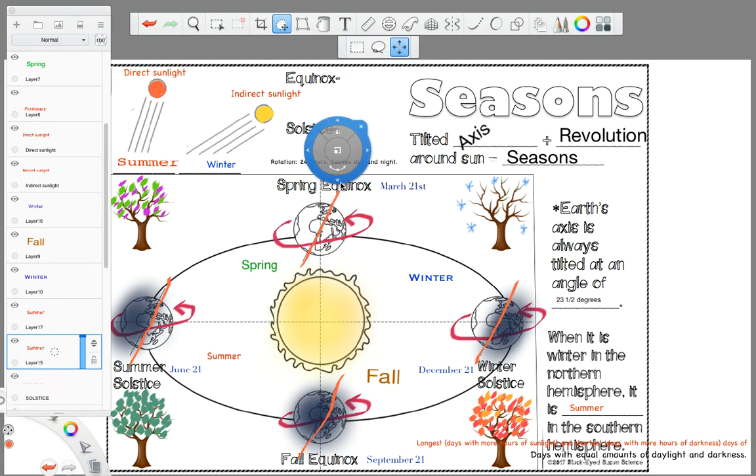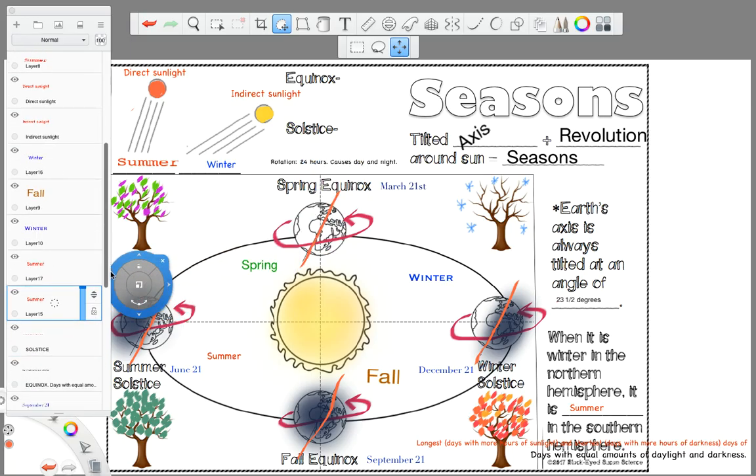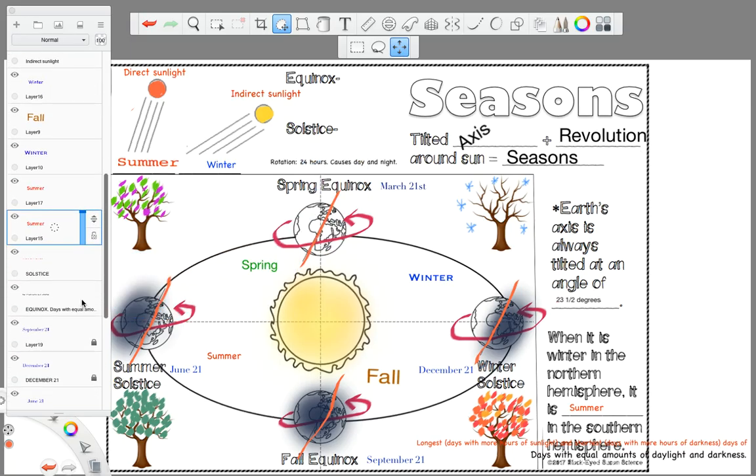So there's two more things I want to talk about. You will see I have equinox and I have solstice, and I have different dates with each of these seasons. So twice a year we have an equinox and we have solstice. So I'm going to talk to you a little bit about those. So our two equinoxes, we have a spring one and we have a fall one.